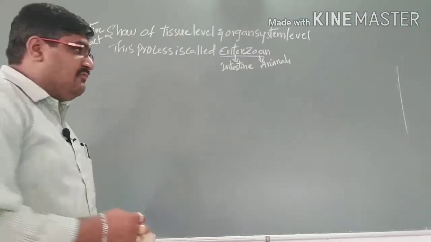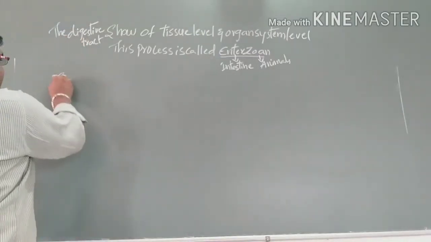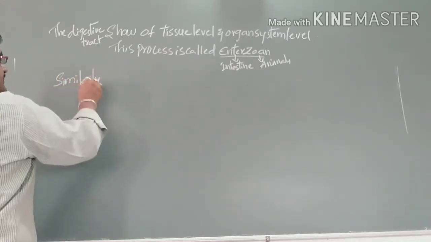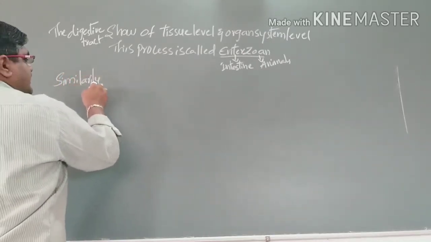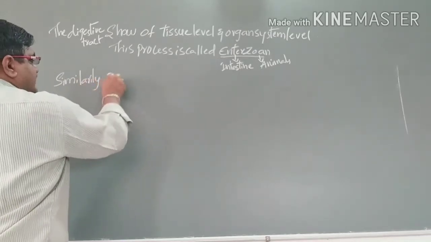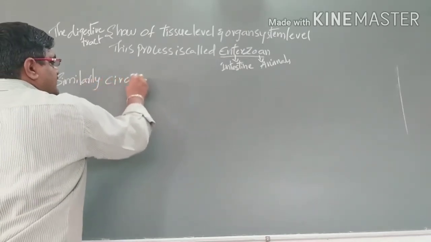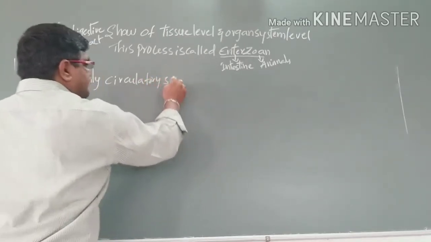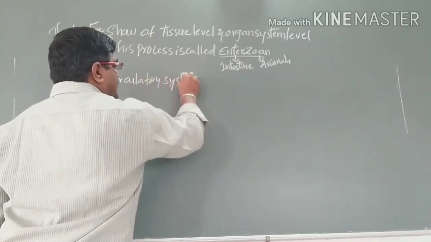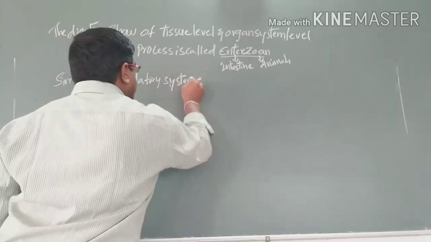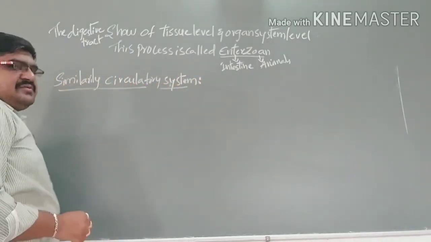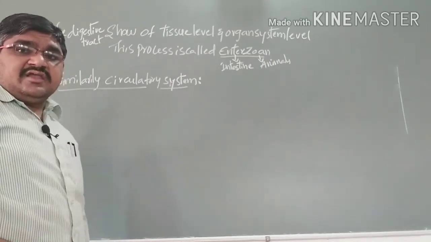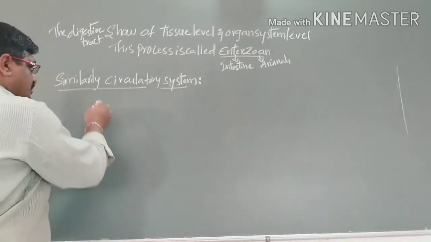Similarly, we can see the circulatory system. Based on the presence of the circulatory system, it is classified into two types.